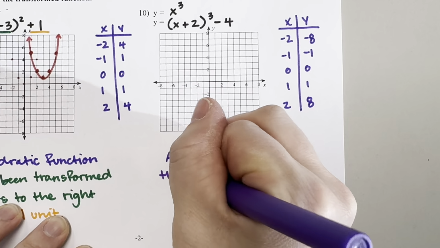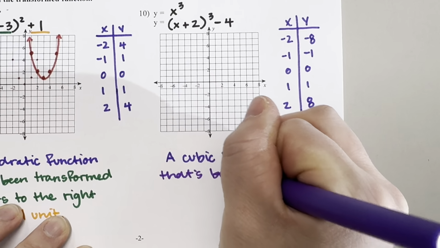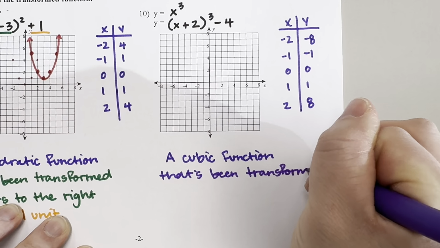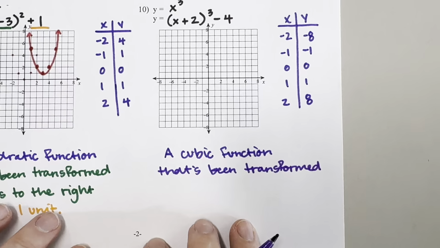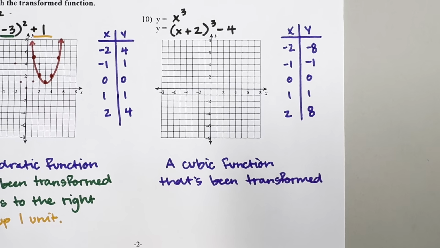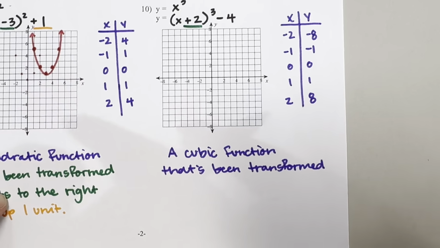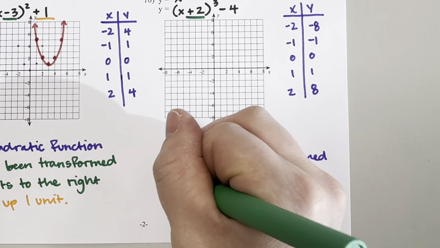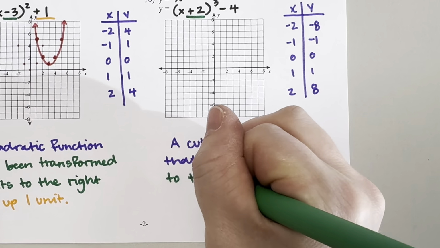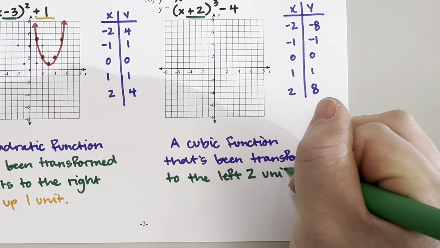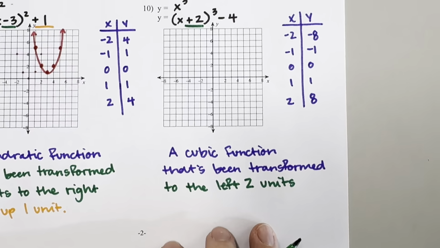Okay, and I'll just add on, that's been transformed because it's been moved. Okay, now let's see how it's been moved. Okay, on the inside is left and right. Plus means left. That's been transformed to the left 2 units because of that +2 on the inside.